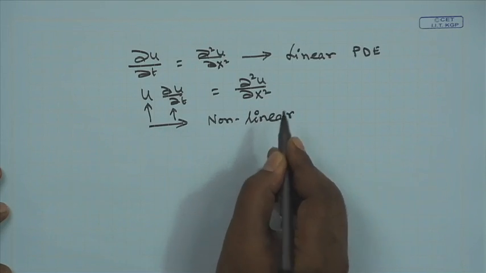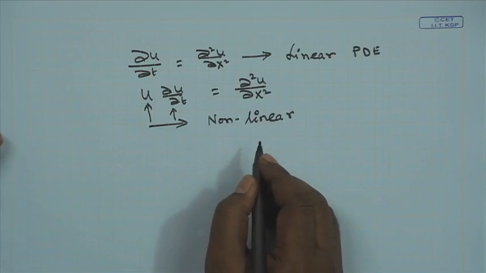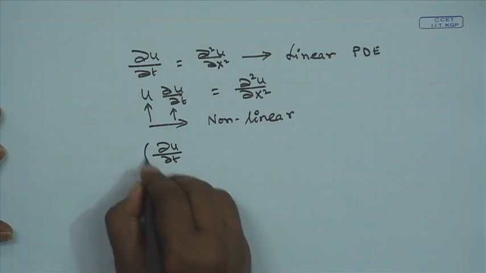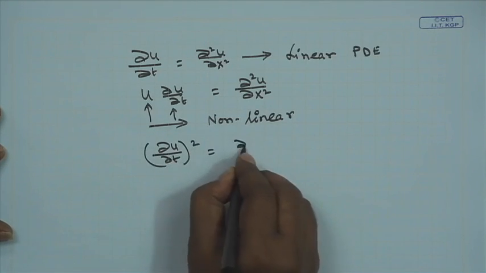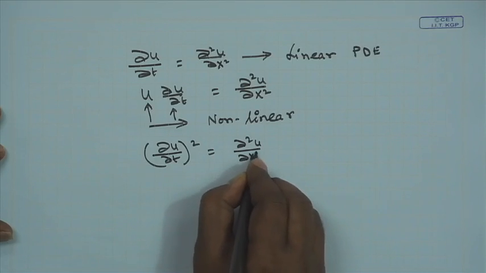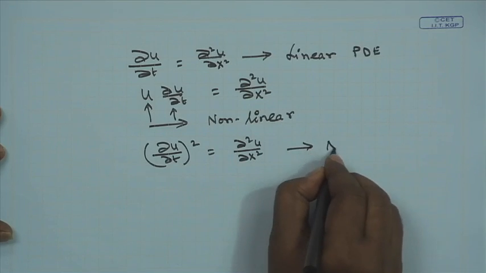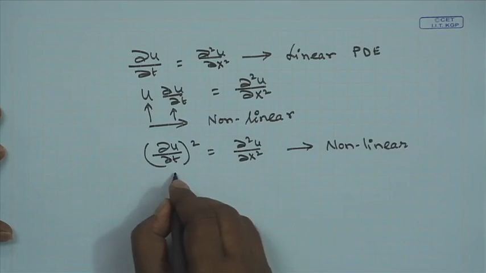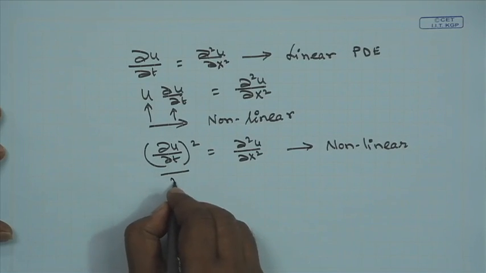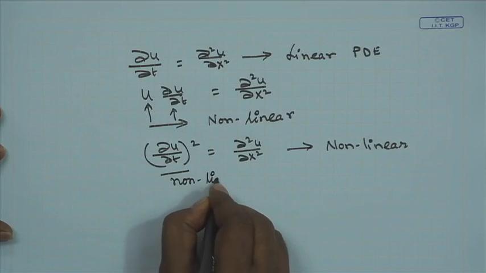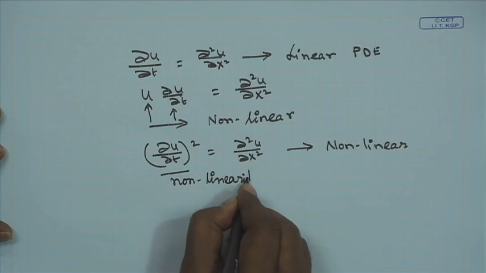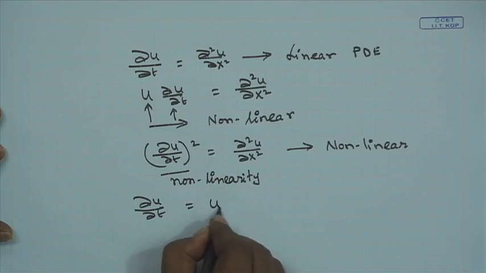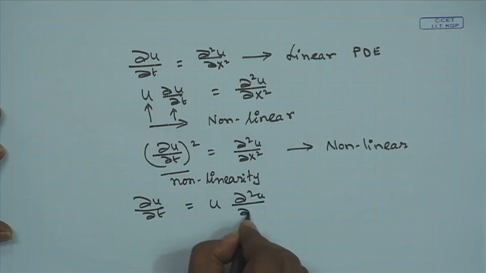So, the term on the left hand side is the nonlinear term. Del u del t squared is equal to del square u del x square. Again, this equation is a nonlinear partial differential equation, and this is the source of nonlinearity. Del u del t is equal to u del square u del x square.